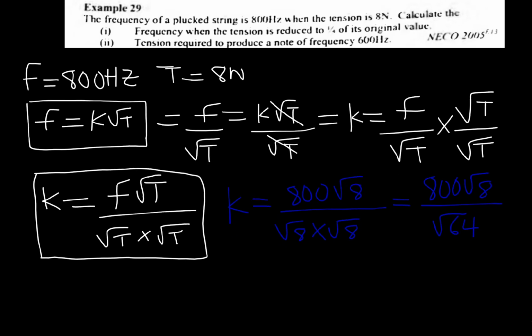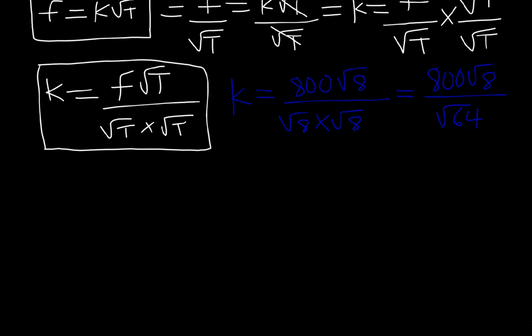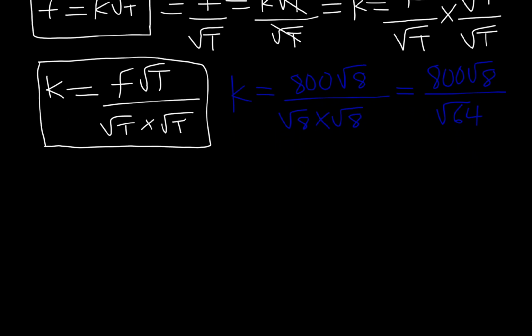So k equals 800 root 8 over the square root of 64, which is 8.